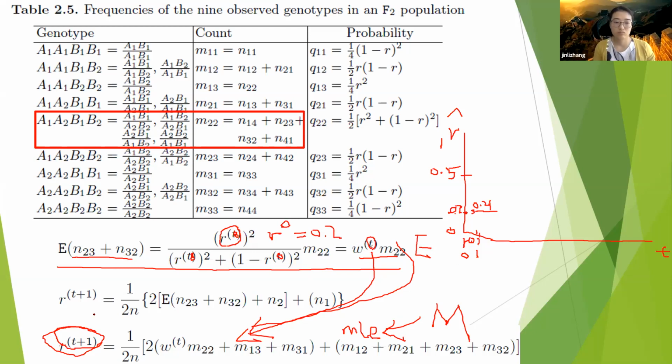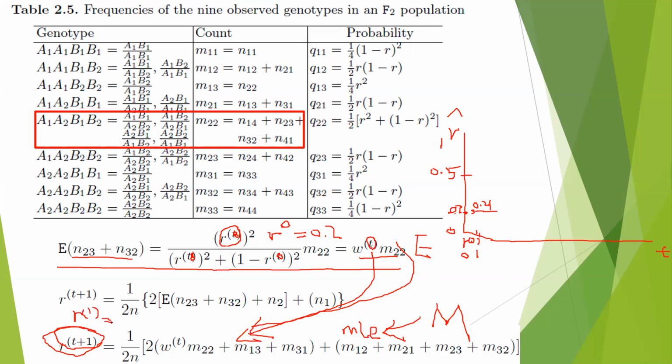All right, so suppose after the calculation, R1 equals 0.21. Suppose it's here, right? Then we go back here. We start from the expectation step, and then we migrate into the M step, and then we go back to the E step again.